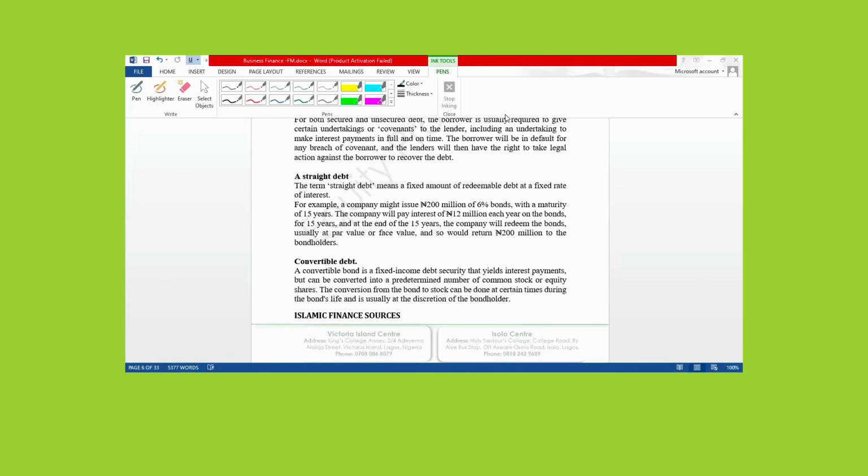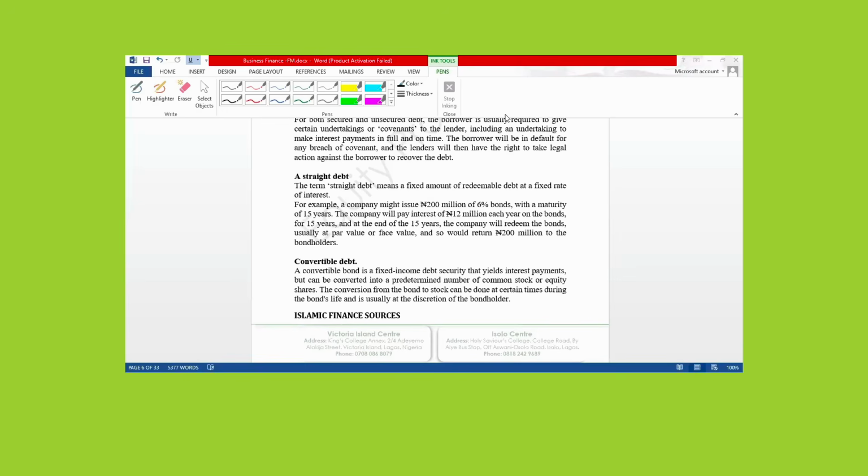But in accounting, looking at the accounting substance, preference shares are taken as debt finance.